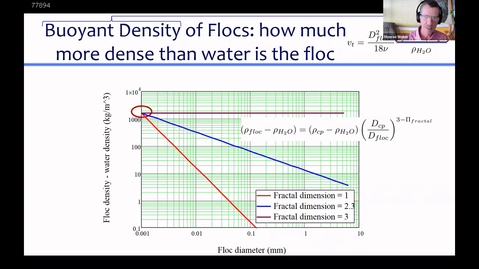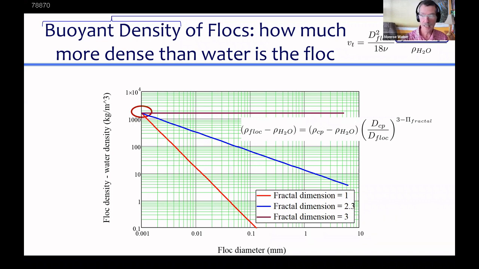So what is that number? I'm cheating. No, I'm not cheating. It's the density of a clay particle, which is 2,650, minus the density of water, which is 1,000. So 1,650 is the buoyant density of a clay particle. So I'm starting with clay particles and looking at what happens, because clay is the dominant thing that's going to be in a surface water.